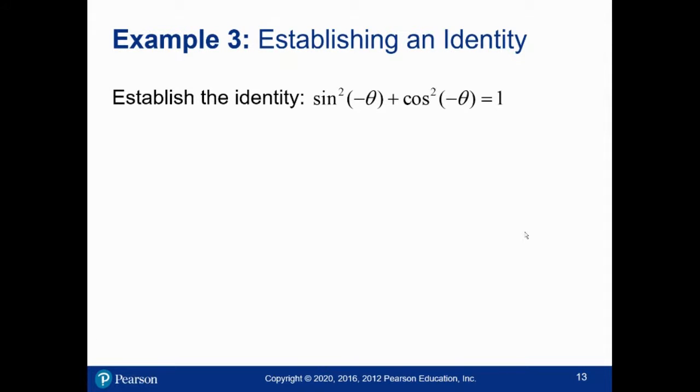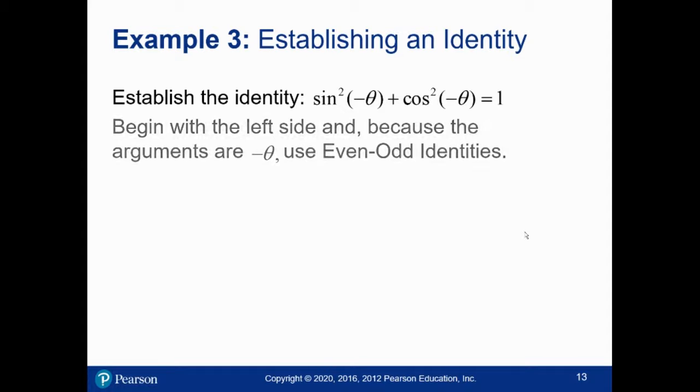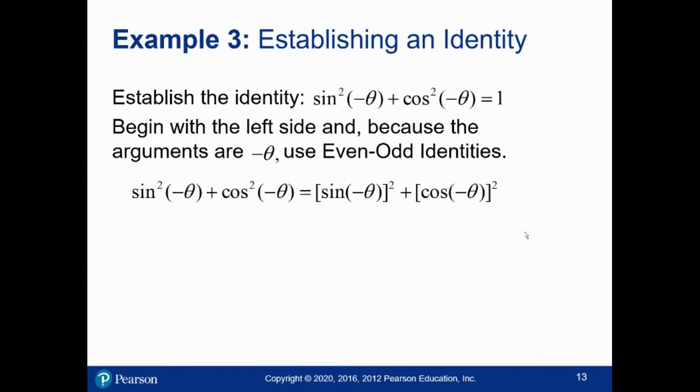So how about this? Sine squared of negative theta plus cos squared of negative theta equals 1. There are a couple of ways to do this. Let's see how the book does. Well, the left-hand side definitely looks more complicated. It's got negatives and trig functions and squares. Okay, we'll use even-odd identities. So remember what sine squared means. It means take the sine and then square. And cos squared means take the cosine and then square.